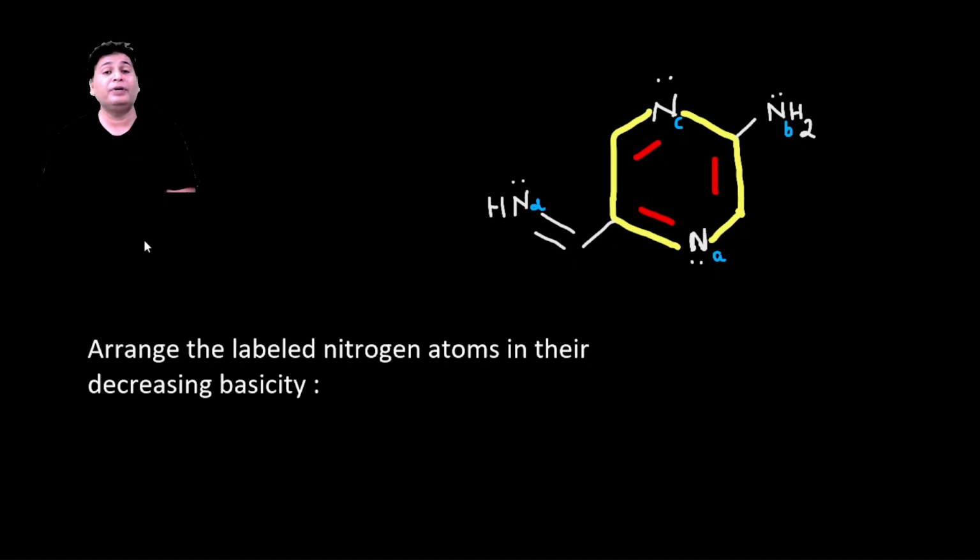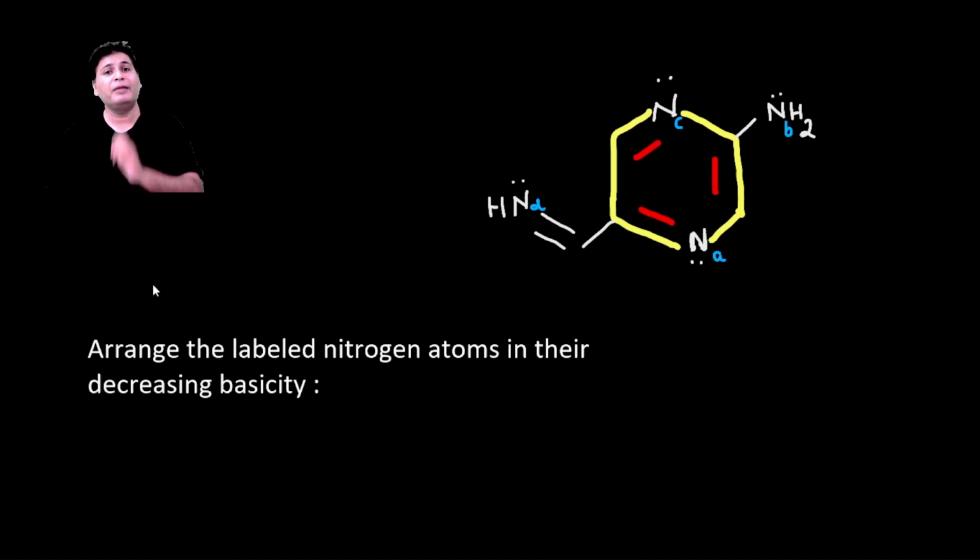For an example, if that lone pair is in conjugation, then because of that conjugation you can draw different resonating structures, and you will find that the lone pair gets delocalized, goes away from this nitrogen, and as it happens, the availability of lone pair on nitrogen decreases.